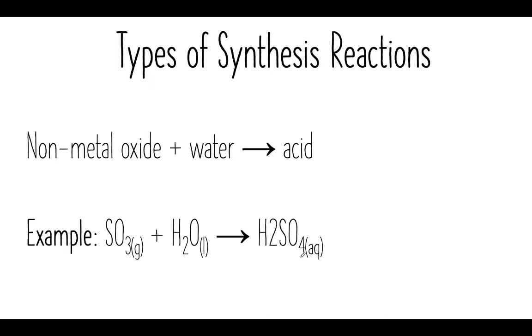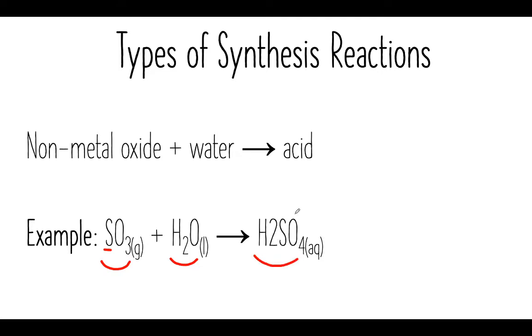Our third type of synthesis reaction includes a nonmetal oxide. So you've got a nonmetal and oxygen bonded together in one compound, reacting with water, and these two, when reacting together, make an acid.